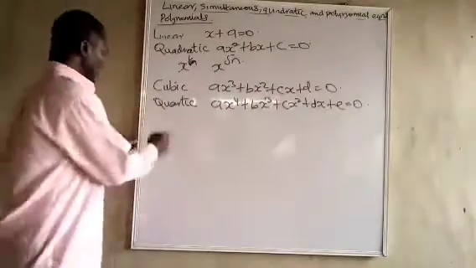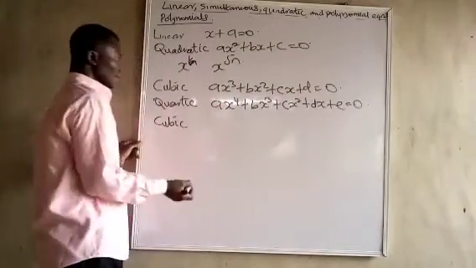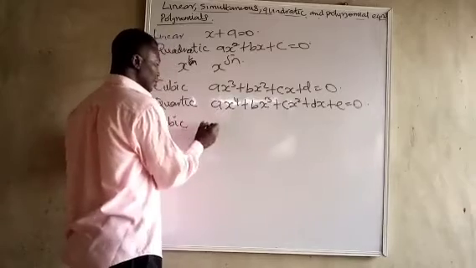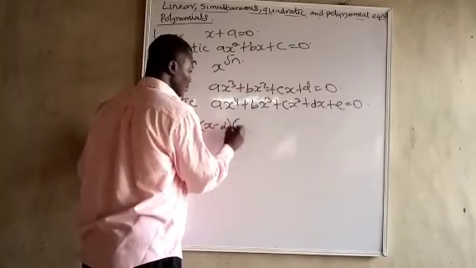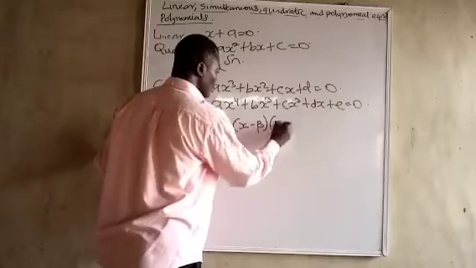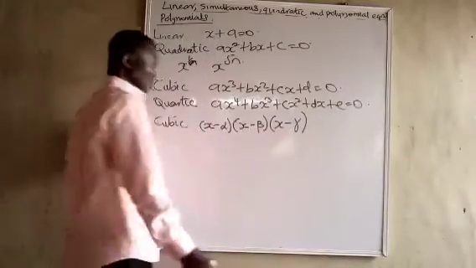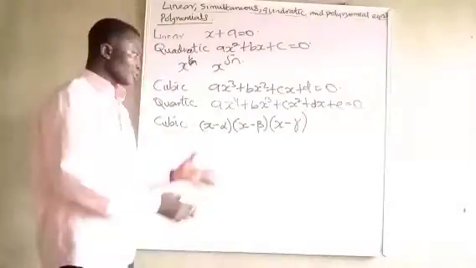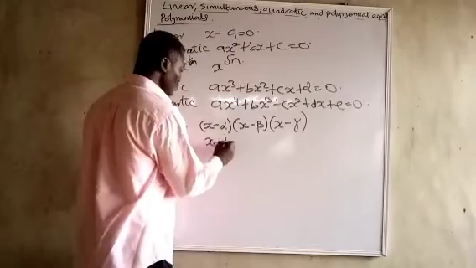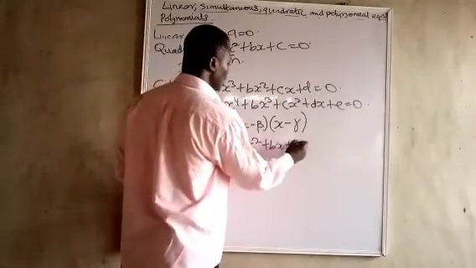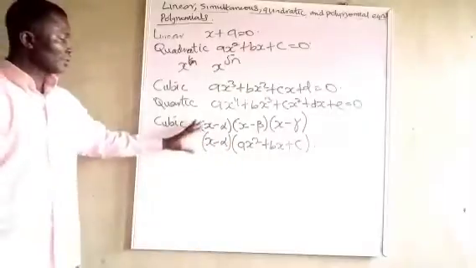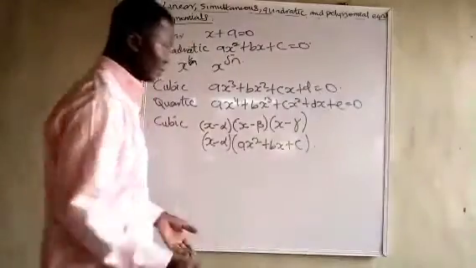So if you are talking about cubic now, you look at it as multiplication of three linear equations. Or you can look at it as multiplication of a linear equation with a quadratic equation. So it can have real roots, it can have imaginary roots, it can have complex roots.